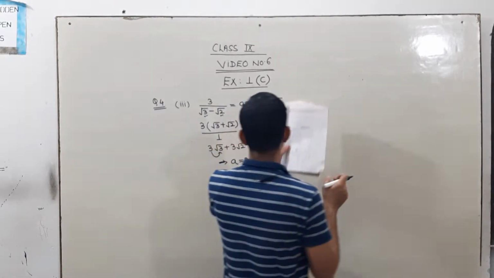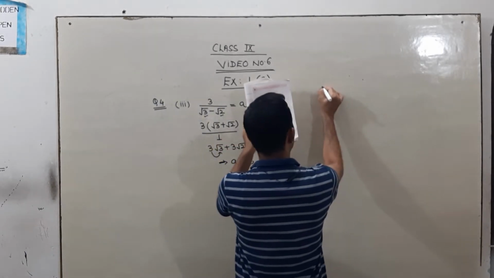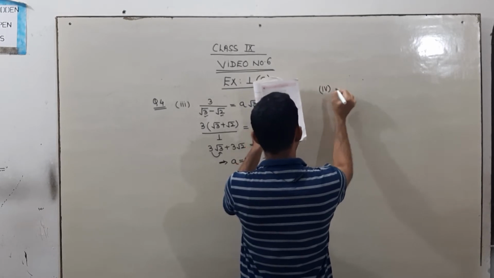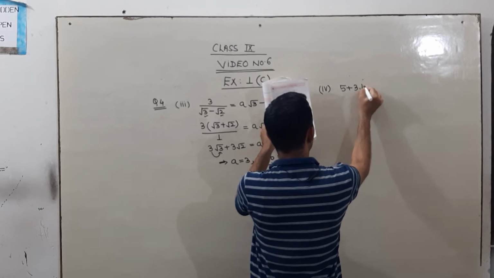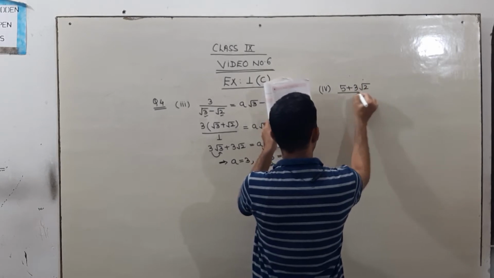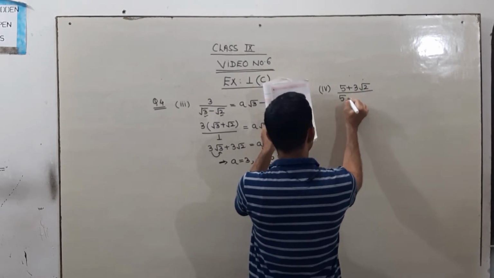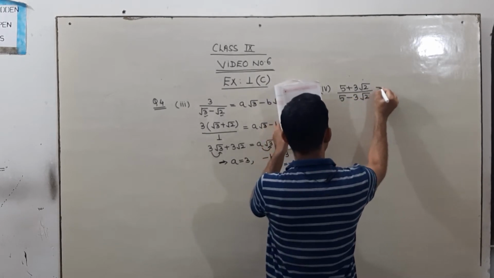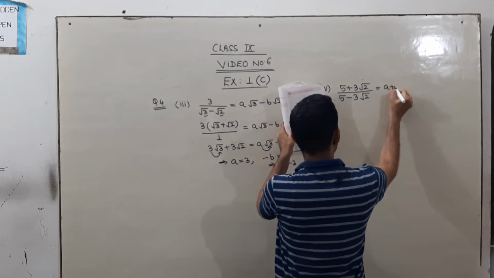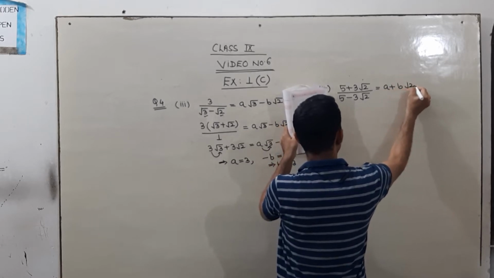Now let us take its fourth part. The fourth part is 5 plus 3 times root 2 upon 5 minus 3 times root 2 is equal to a plus b times root 2.